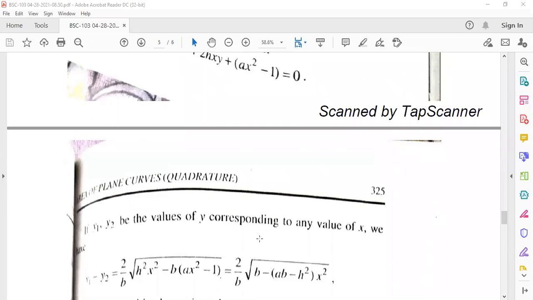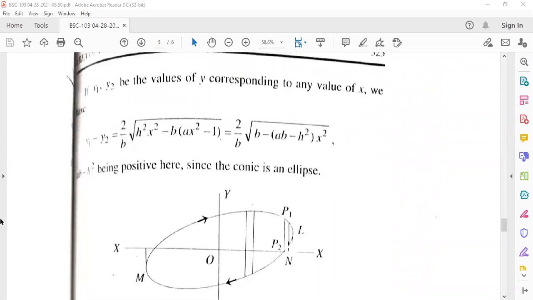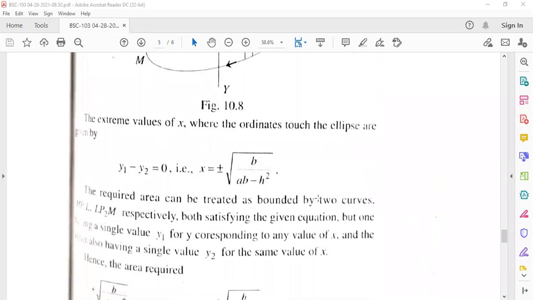Look here. If y1, y2 be the values of y corresponding to any value of x, then y1 minus y2 is equal to 2b by this. So y1 minus y2 equal to 0 gives x equal to this.